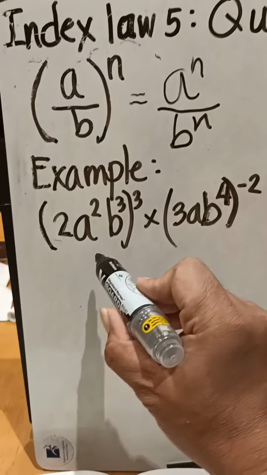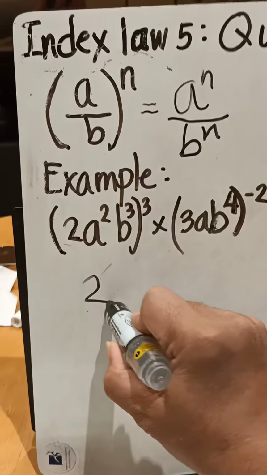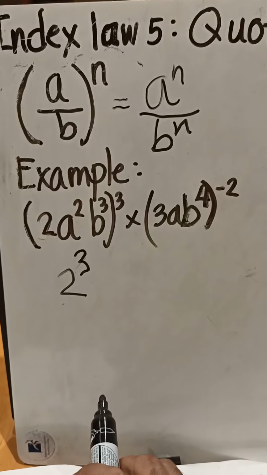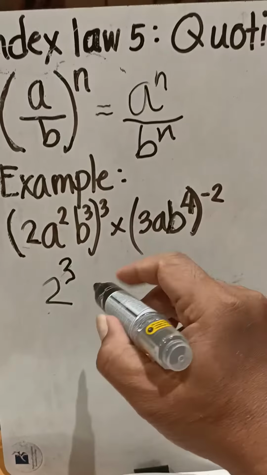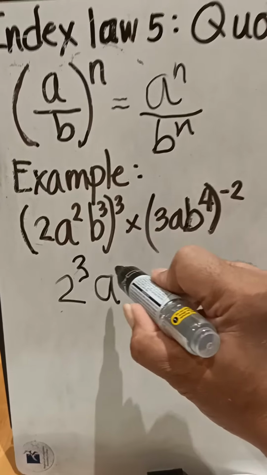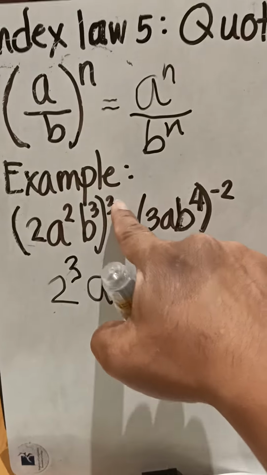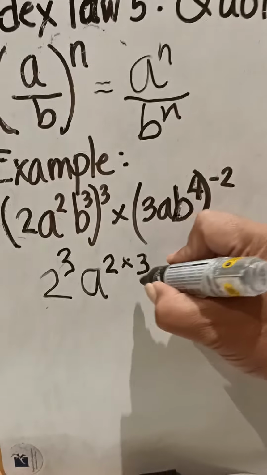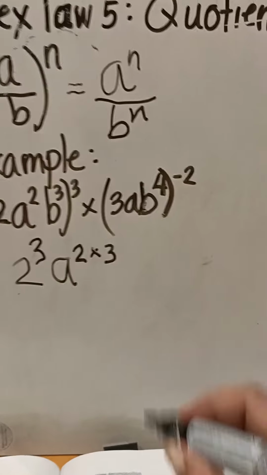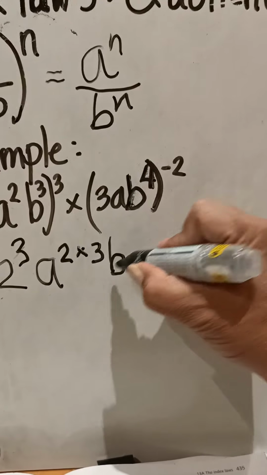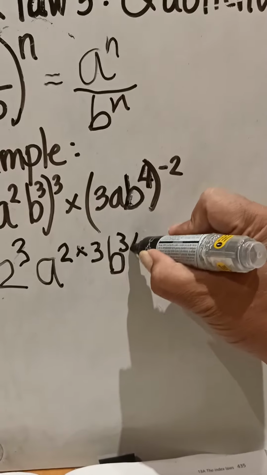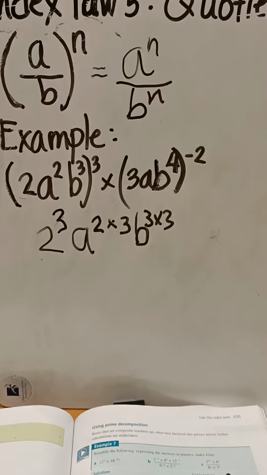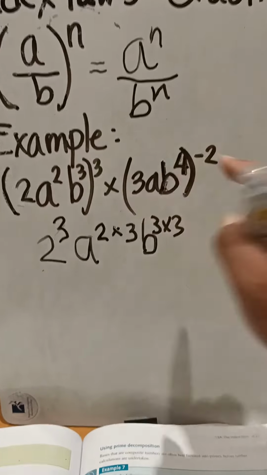So you look at 2. You got 2 to the power of 3. Then a, you can have a squared to the power of 3, so index law 3 times 3 as well. Same thing with b. So b would be b raised to the power of 3 times 3. Then we'll do the next one.